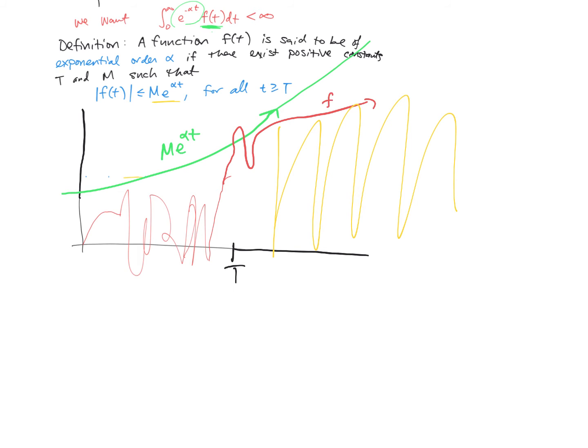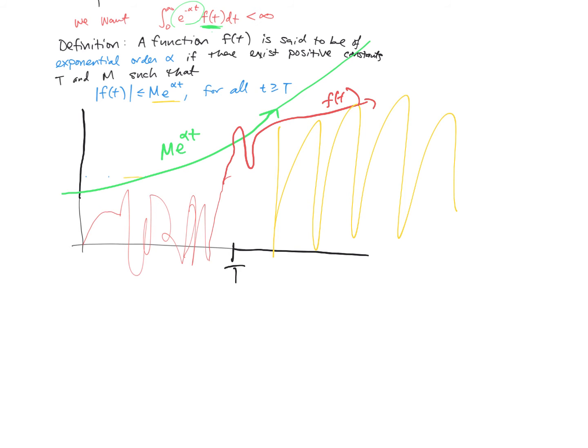Okay, so the red one is f of t. And so even though this one is growing really big, if we then multiply it by an e to the alpha t and do the Laplace transform, then it'll get small enough that we'll be able to take the Laplace transform and that integral will converge. So we'll see that in detail here in a second.